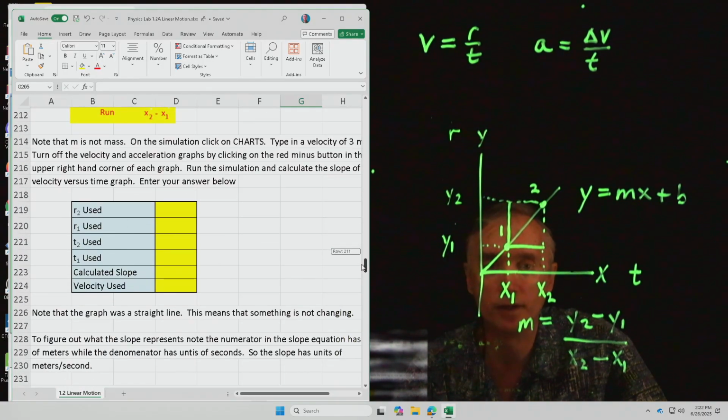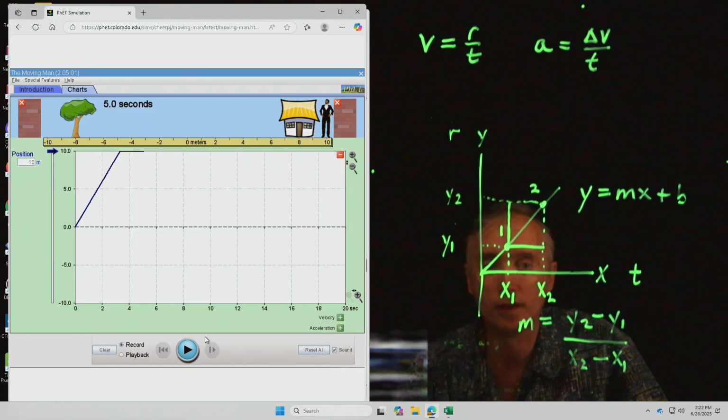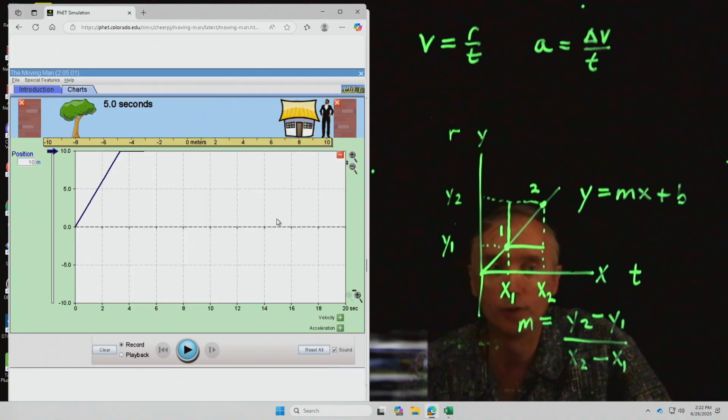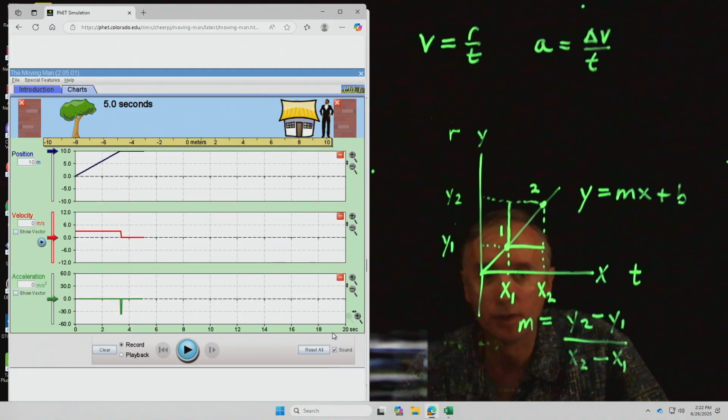Okay, so let's go down to here. On the simulation, click on charts. So now we're going to go over to here, and let me go back to this one right here, which is what you had been seeing. But I'm going to click on charts. And when you first open it up, it's not going to look like that.